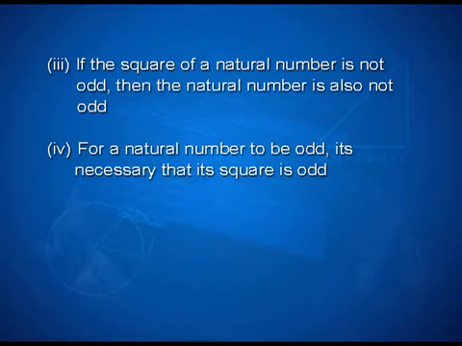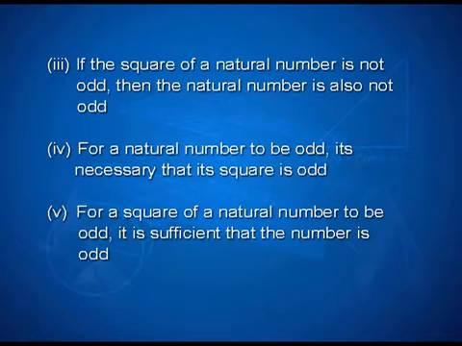Fourth, for a natural number to be odd, it is necessary that its square is odd. Fifth way is, for the square of a natural number to be odd, it is sufficient that the number is odd.